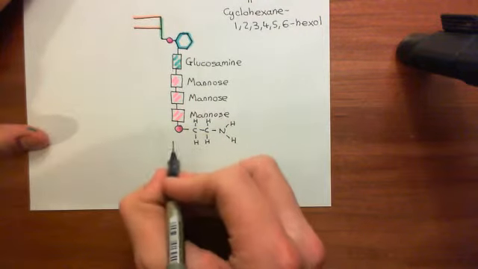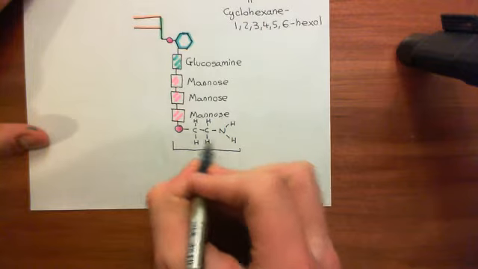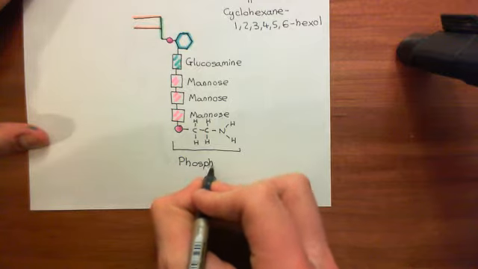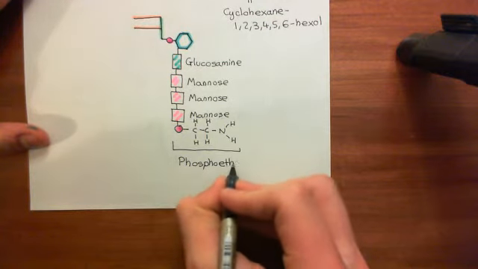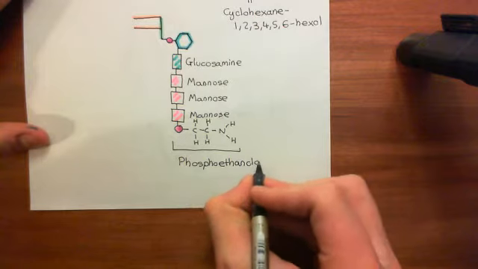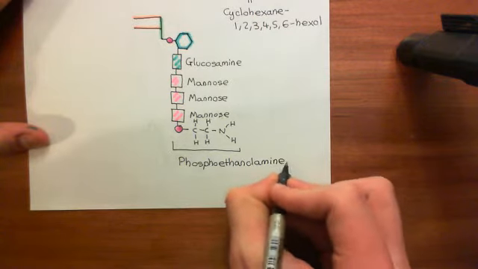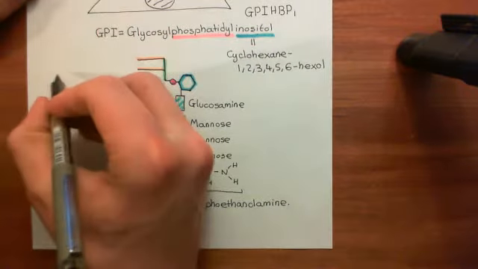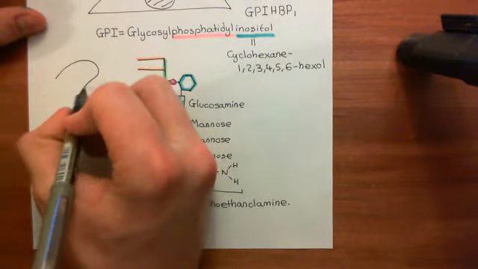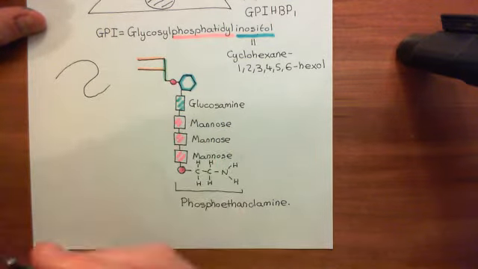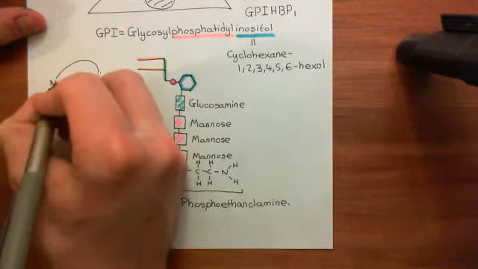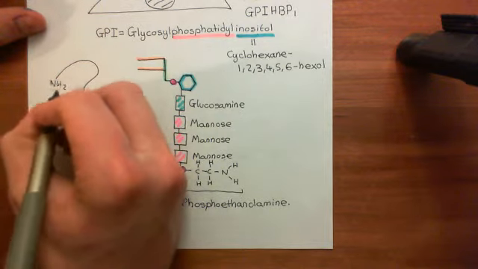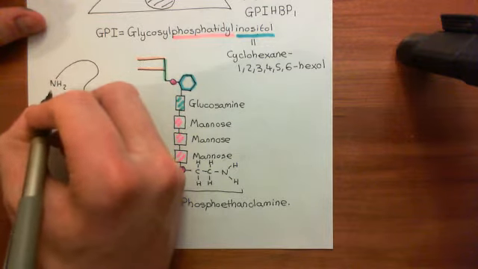Okay, so this final group that we've got here, which is this ethanolamine with a phosphate group, is called a phosphoethanolamine molecule. And basically we can now add this molecule onto proteins. So this is a common lipid modification. So remember, proteins fundamentally are polymers of amino acids. Okay, so you have an amino terminus at one end, which is where the first amino acid has no carboxylic acid of the previous amino acid to bind to.